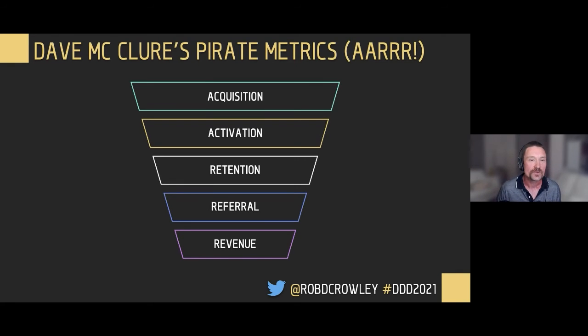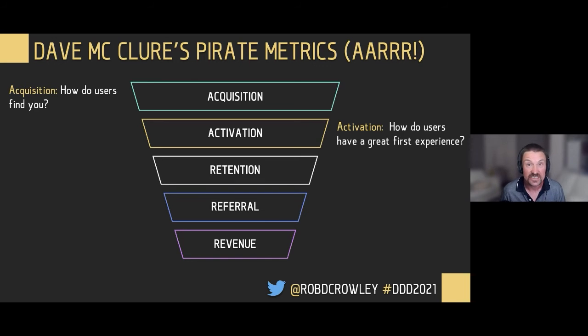So a bit more concretely, Dave McClure defined a funnel that maps customer lifetimes around your products, typically called the pirate metric funnel. And around this, he says that at any stage, your customers will fall into one of these buckets. So at acquisition, you're really looking at how do users find you?